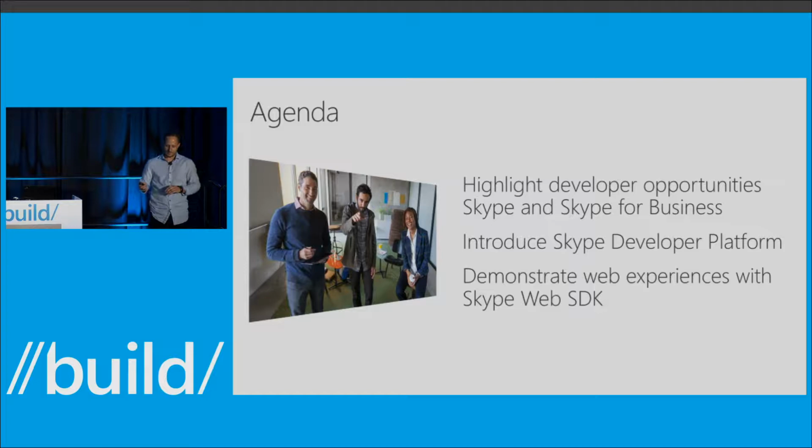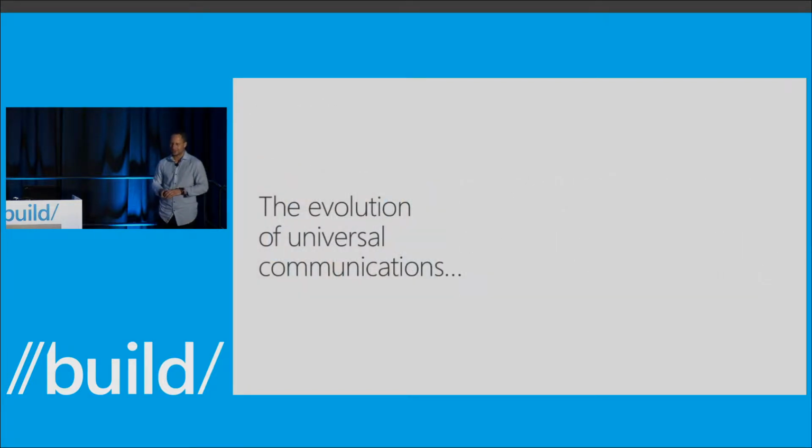Okay. Let me tell you a little bit about the past. To understand where we're going with our strategy, it's very important to understand where we're coming from and also how we leverage more customization on top of our unified communications platform. Around 20 years ago, Microsoft started to create the first communication experiences within our software stack.